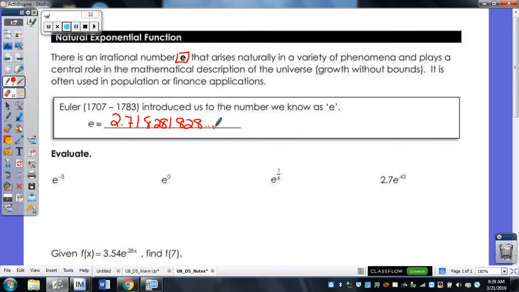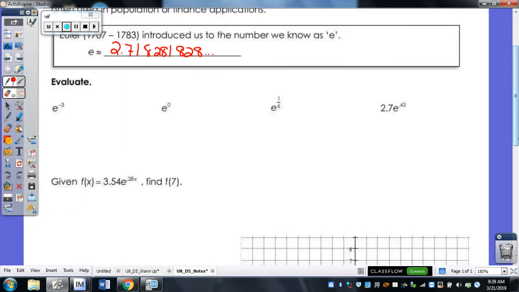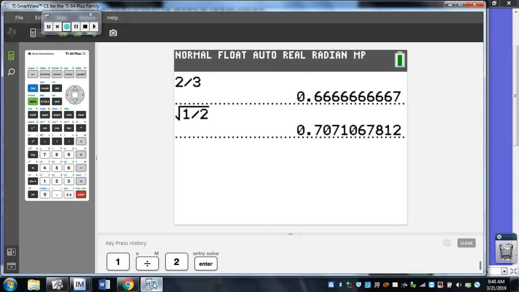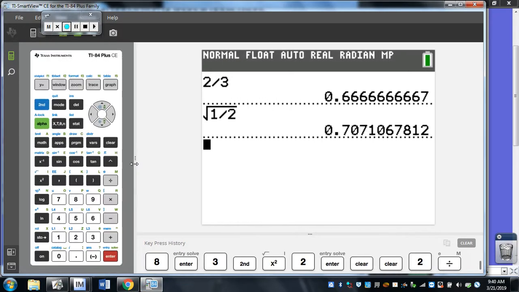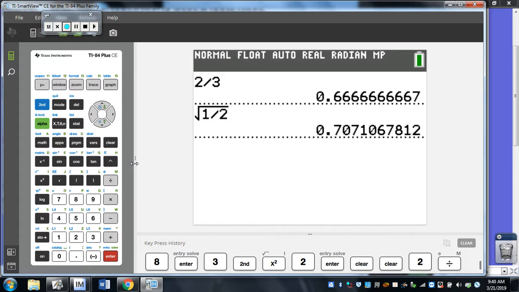So we do need to evaluate sometimes our e, and it's actually quite simple to do. If you go to your calculator, you see this button here that says LN? Right above that button in blue, there's your e. So if you have to evaluate e, all you have to do is use that button.